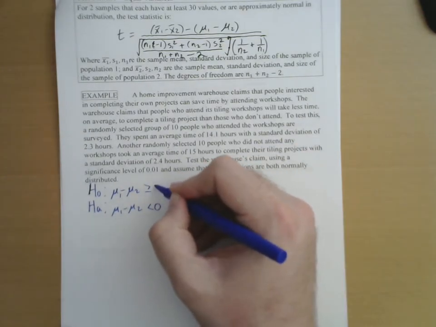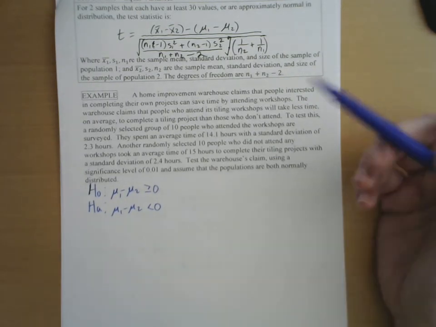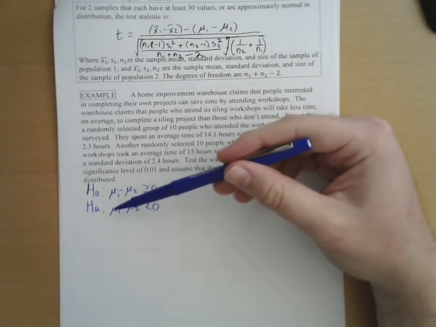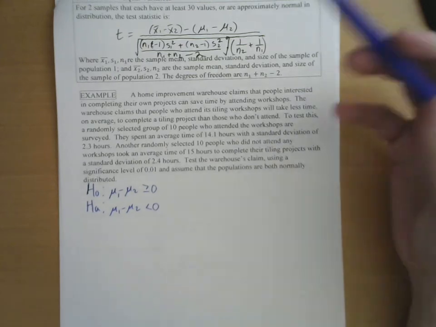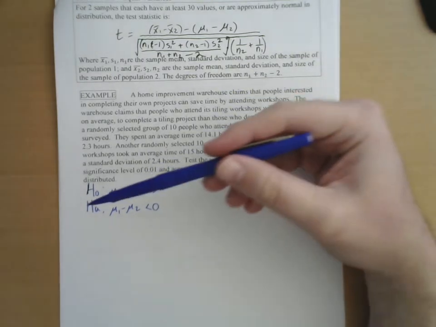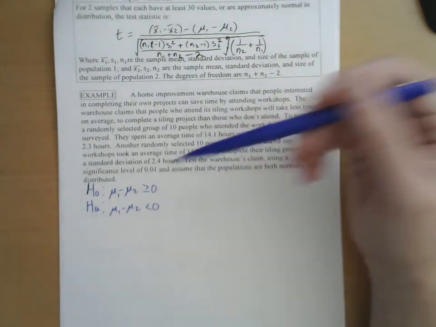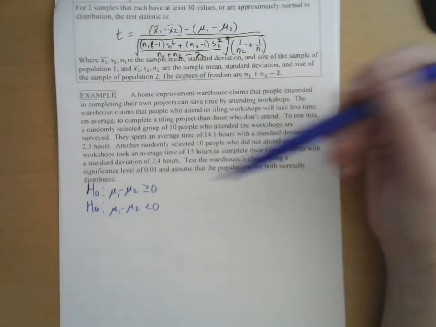And the null hypothesis would be greater than or equal to 0. And that's because this should be smaller. So if this is smaller, when you subtract, you should get a negative. If they're the same, then their claim is wrong, and that would mean that their average times when we subtract is 0. And if people take longer if they take the workshops, it'd be greater than 0.